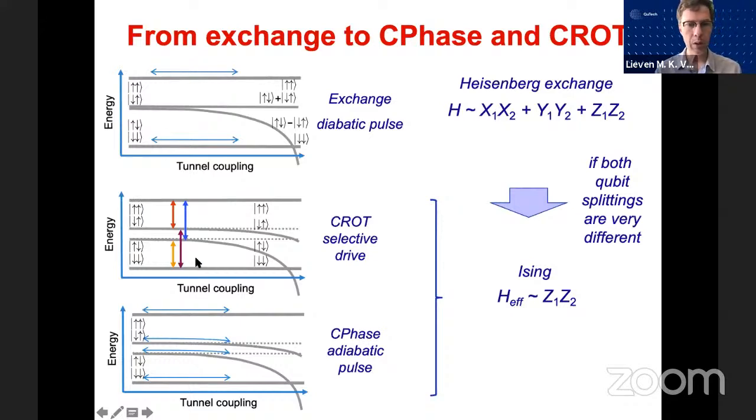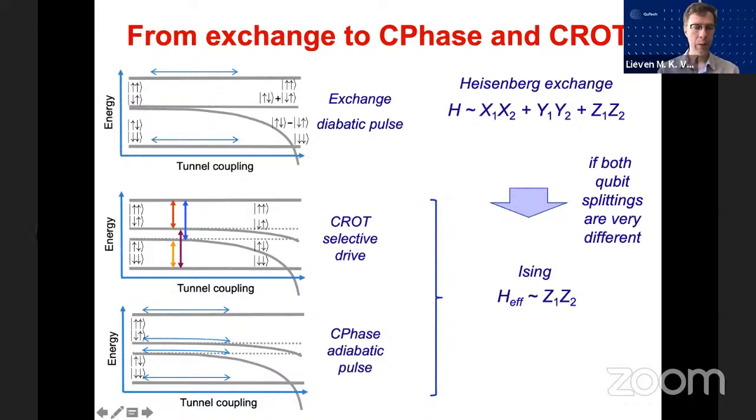But as we turn on the tunnel coupling, that's no longer true. Depending on the state of the other qubit, the first qubit splitting will be slightly smaller or larger. And that means we can selectively drive one spin conditional on the state of the other. Of course, a conditional rotation, that's a 2-qubit gate. It's very close to the CNOT. It's not exactly the CNOT, it's a C-rot, conditional rotation, but it's very close to the CNOT, at least for the right timing.